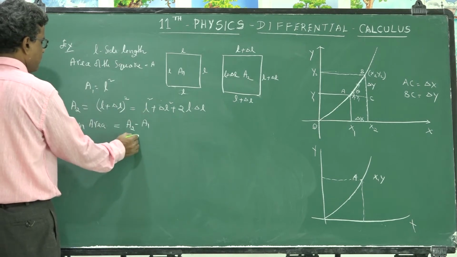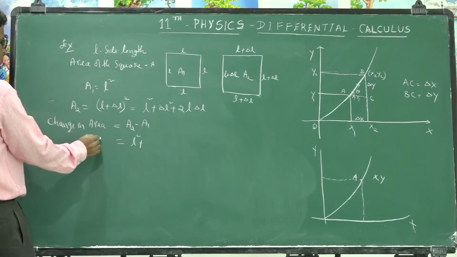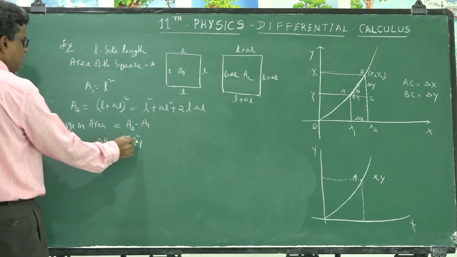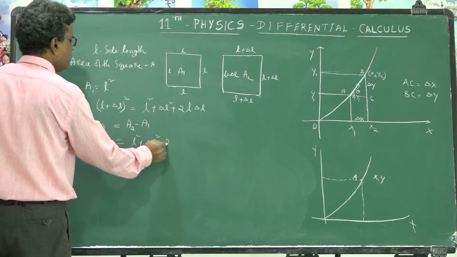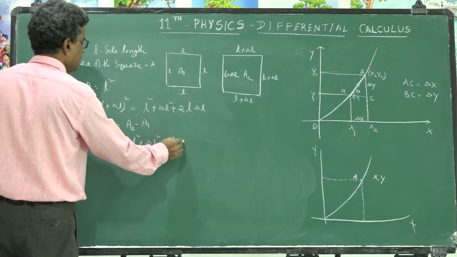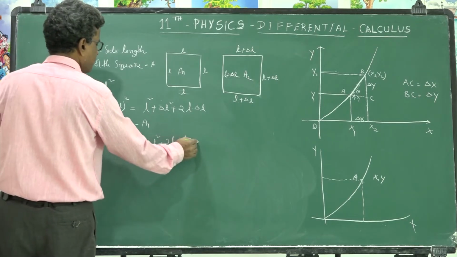Let the change in area be delta A. Delta A is equal to L square plus delta L square plus 2 into L into delta L minus A1.